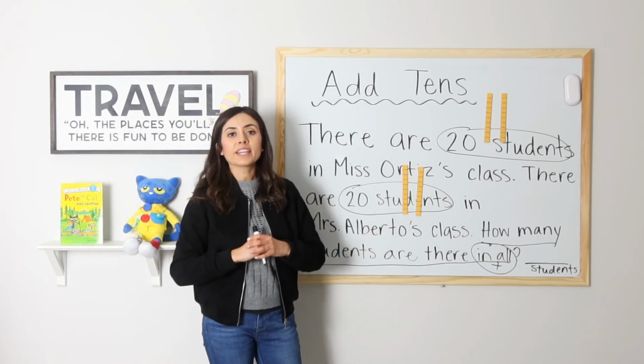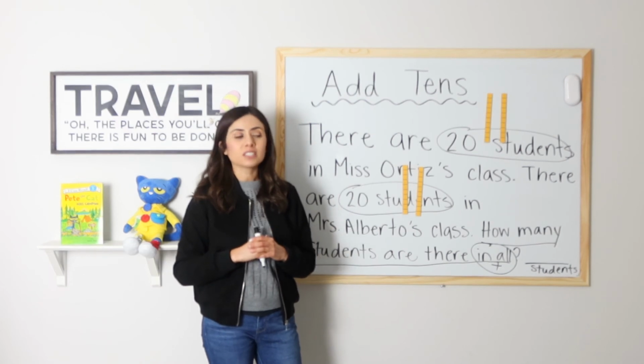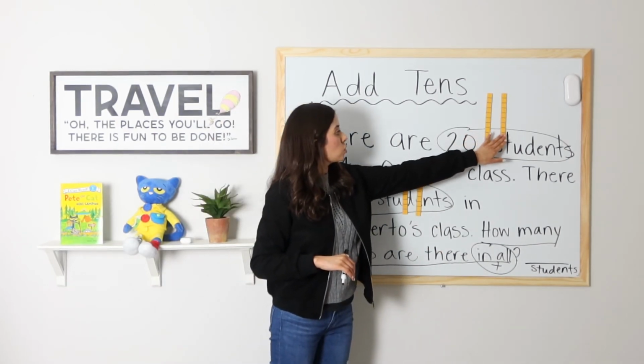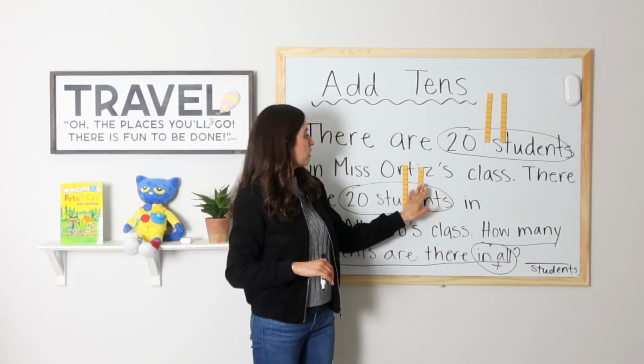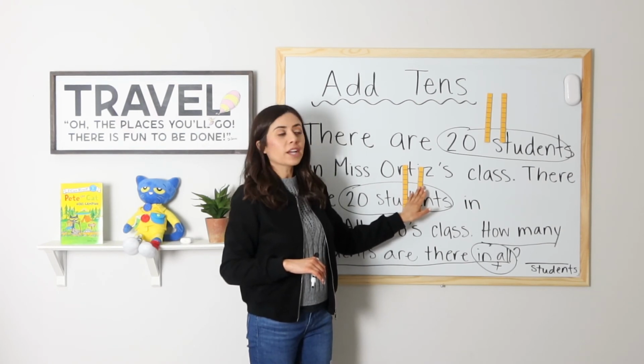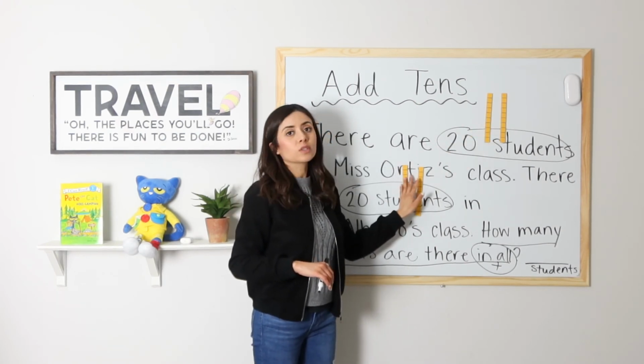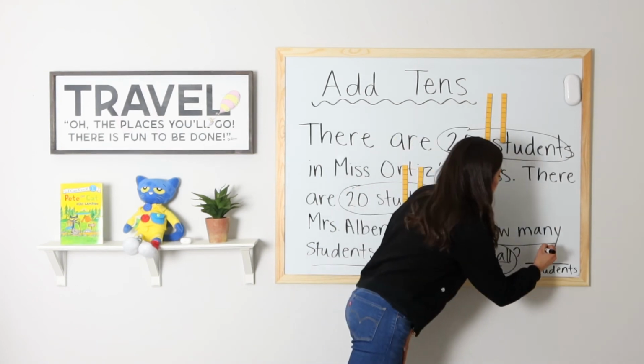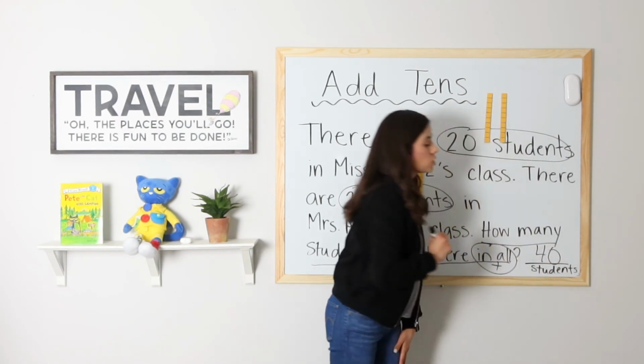So why don't we go ahead and count by tens to find out our answer? 10, 20, 30, 40. That's right. 4 tens equals 40. There are 40 students total.